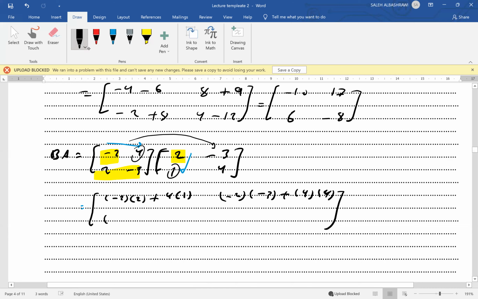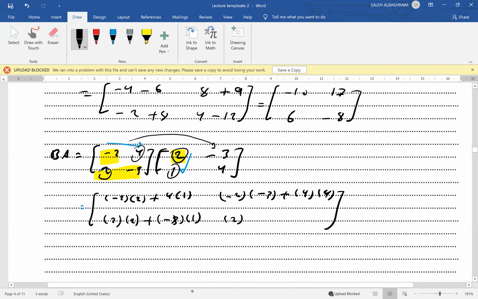2 times 1 plus -3 times... So this is 2 times 2. With the first column, it will be this one with this one, 2 times 2, and -3 times 1. Let's move to the second column.